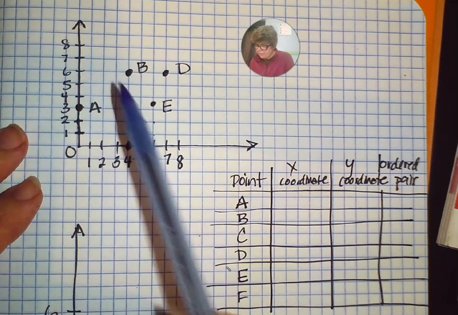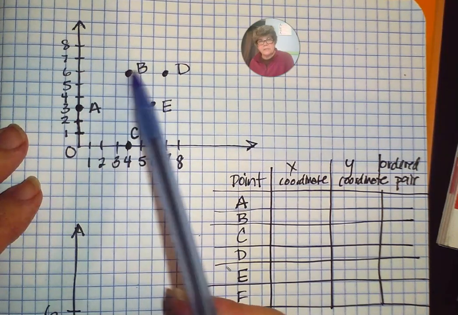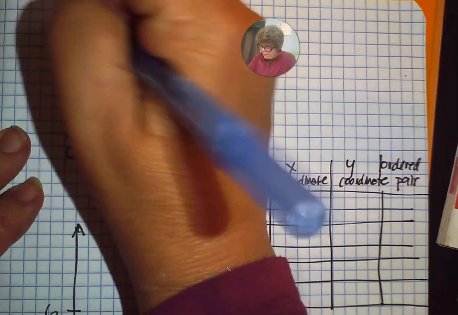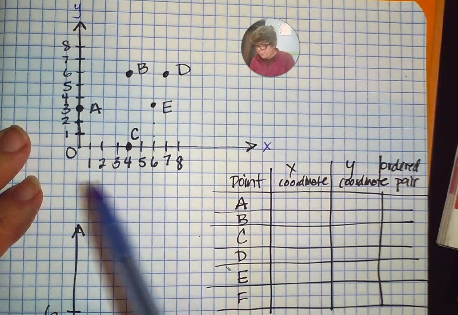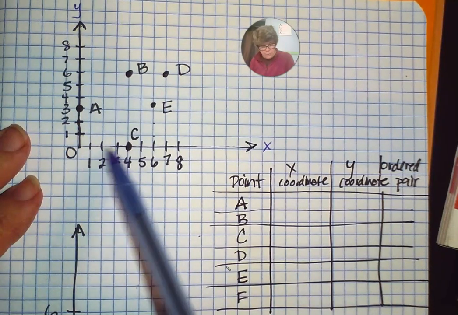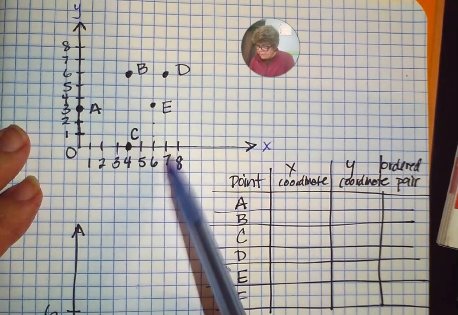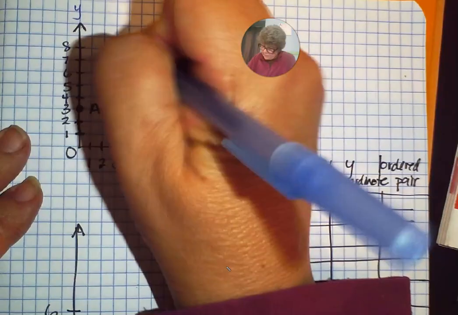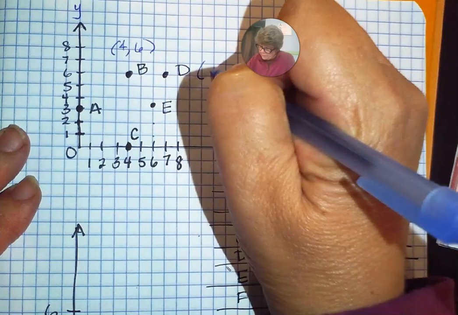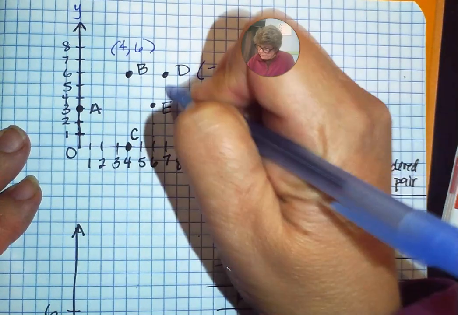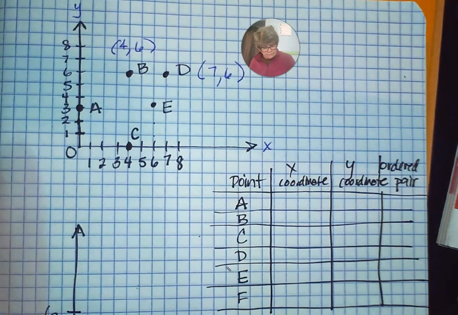Do you see that they're both at the y-axis of 6? And I didn't write a y up there and an x over here. So B would be 4, 6, and D would be 7, 6. Across 4 and up 6, across 7 and up 6. Do you see that? Okay.